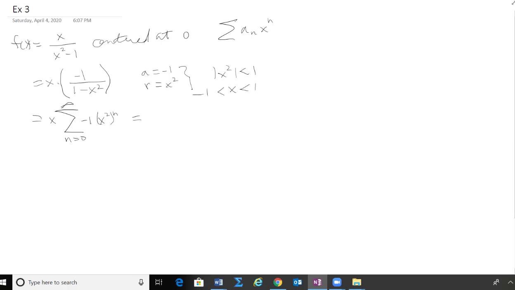So that gives me my radius and my interval of convergence. Now this is the same thing as this, -1, and now the variable, remember, is n in this case for this sum, not x. So you can bring that x inside and write this as x to the 2n plus 1.